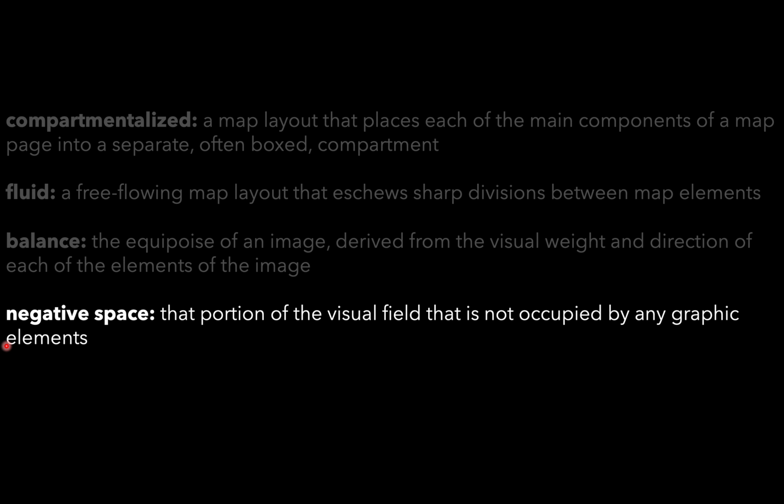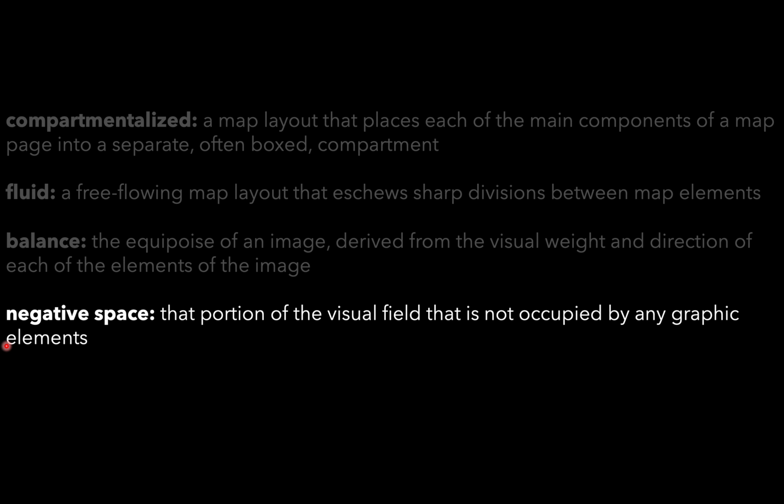And again, that will allow you to achieve a higher level of readability, to allow your features to sit within the map frame or within the page layout, as opposed to feeling crammed into a container that's too small for it.